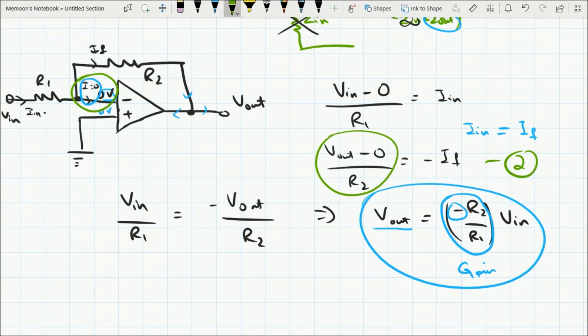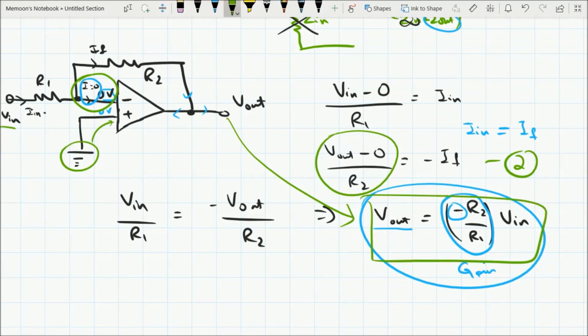So what's happening? What is the op amp actually doing? We supplied an input voltage and we connected a ground, a 0 volt, to the positive terminal, and the op amp produced a V out equal to this value to make sure that there is a 0 at the negative input terminal also. And the value of V out needed to make it equal to 0 was this value.